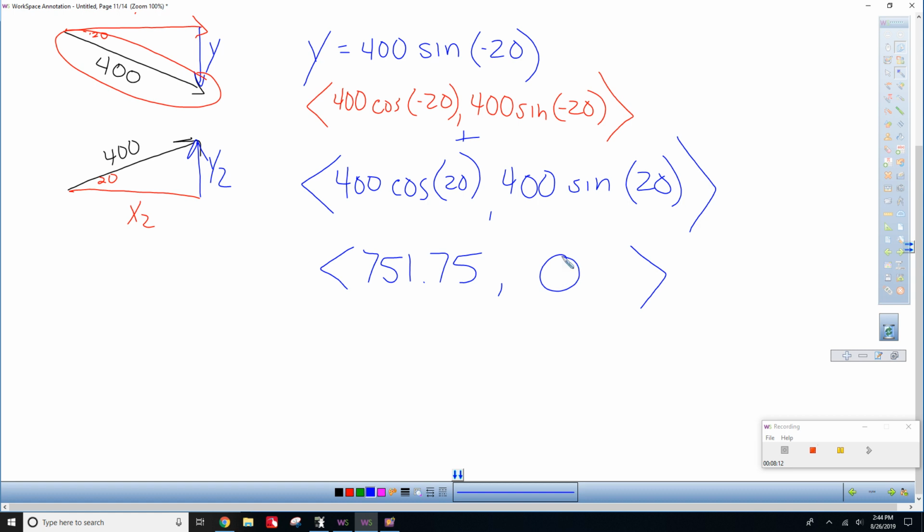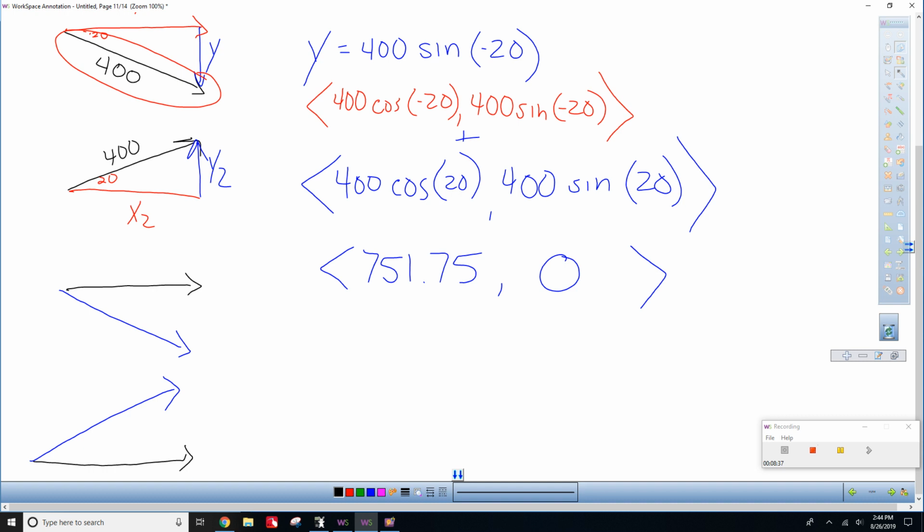So why did that happen? Well, if you think about it, there's a lot of force being pushed on this boat. However, this horizontal force adds to that horizontal force to get us almost 800 pounds of force.